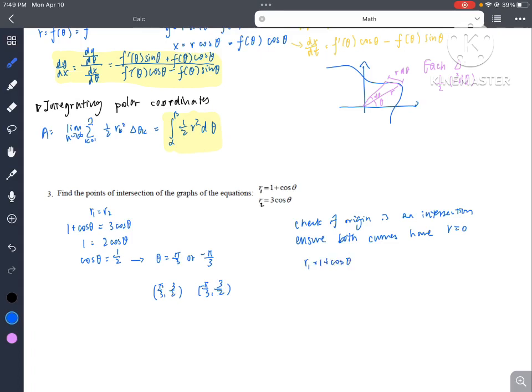So if r1 is equal to 1 plus cosine theta, let's find if theta is equal to pi, it indeed happens. And then also for r2 is equal to 3 cosine theta, it is equal to 0 when theta is equal to pi over 2, it indeed is 0. Therefore, the intersections are these two values as well as 0, 0.